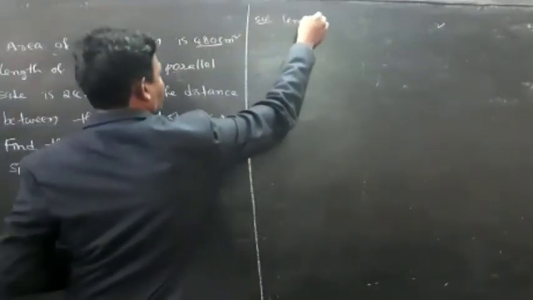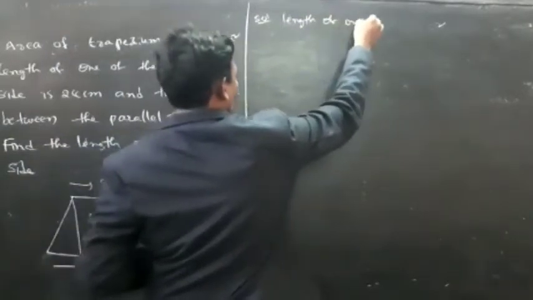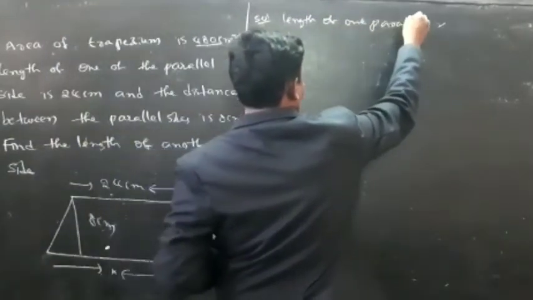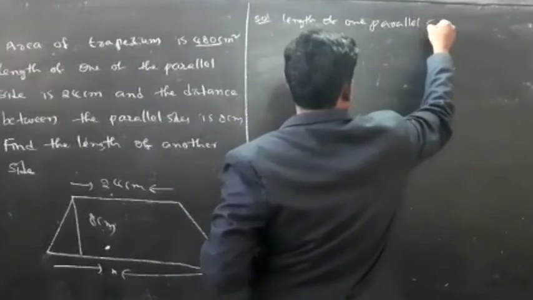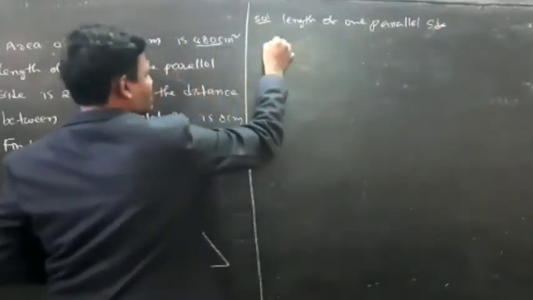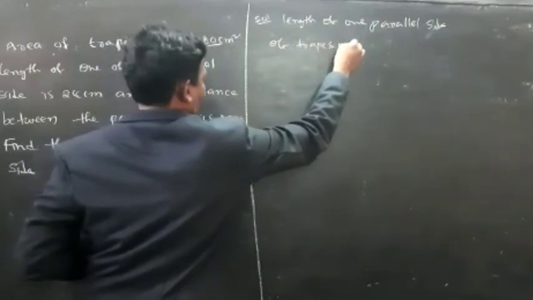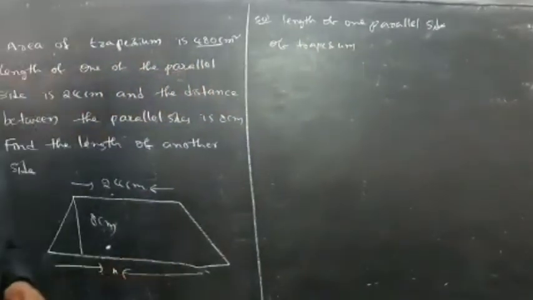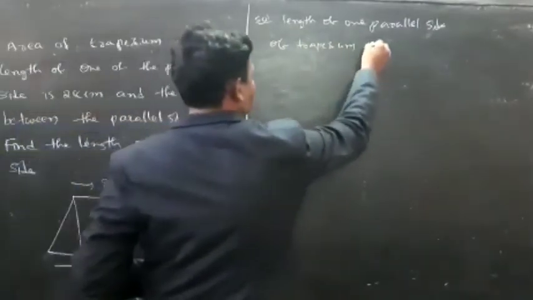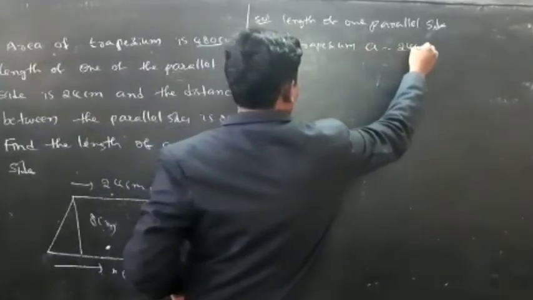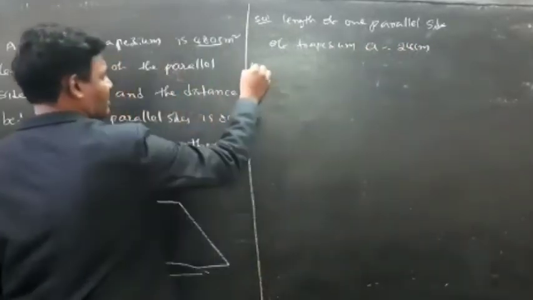Length of one parallel side of the trapezium, a, is equal to 24 centimeters.